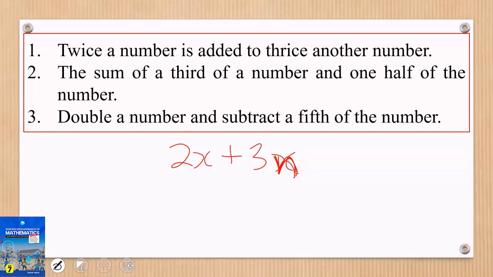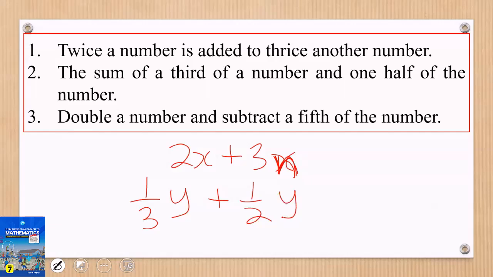The sum of a third of a number and one half of the number. A third of a number means one third of a number, let's say y, and one half of the number. That means the same number we are making reference to.